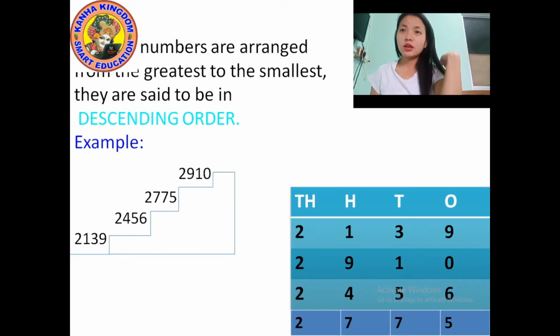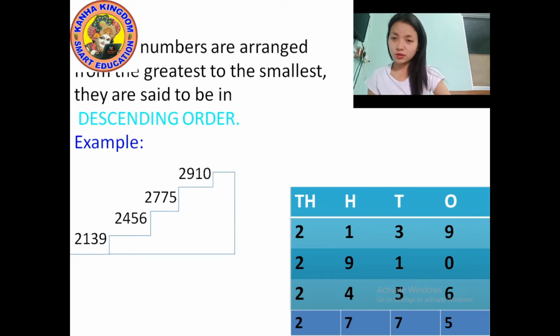Okay, now we are going to learn about descending order. When numbers are arranged from the greatest to the smallest, they are said to be in descending order.